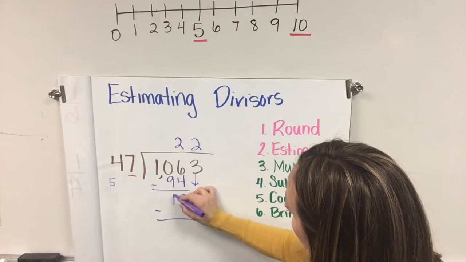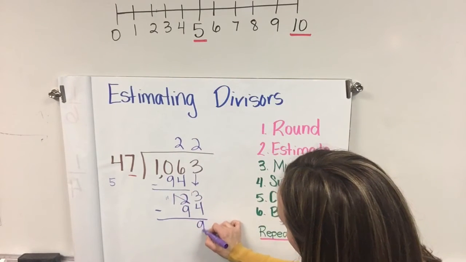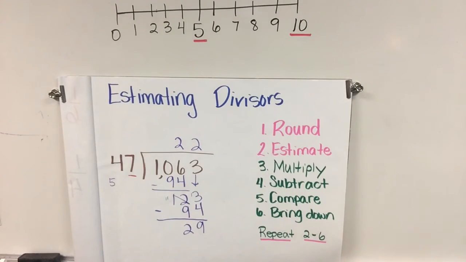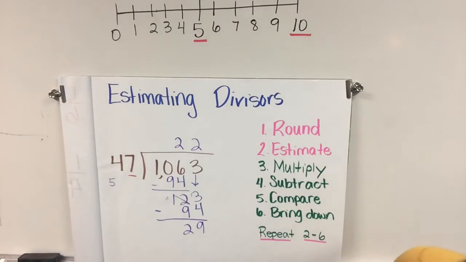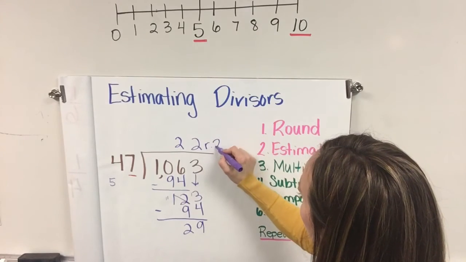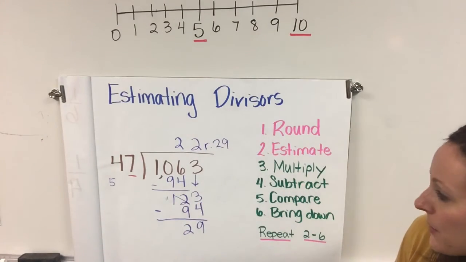Have to do a little bit of borrowing. So 13 minus 4 is 9 and 11 minus 9 is 2. 29 is less than 47, make sure we compare, and so what we have is a remainder of 29. Seems like a big remainder, but again, as long as it's less than our divisor, it doesn't matter.